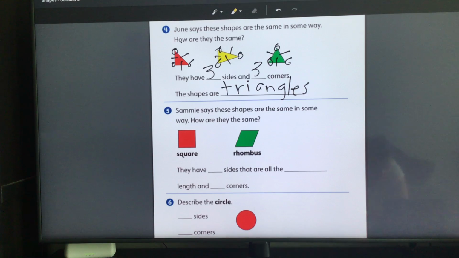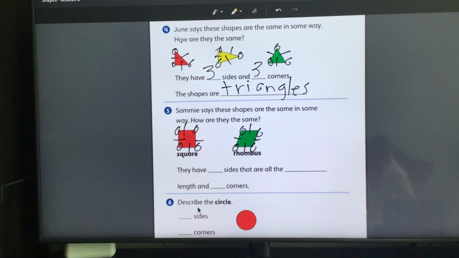Let's count the sides and let's count the corners to see. 1, 2, 3, 4 sides and 1, 2, 3, 4 corners. That's for a square. And a rhombus has 1, 2, 3, 4 sides and 1, 2, 3, 4 corners.